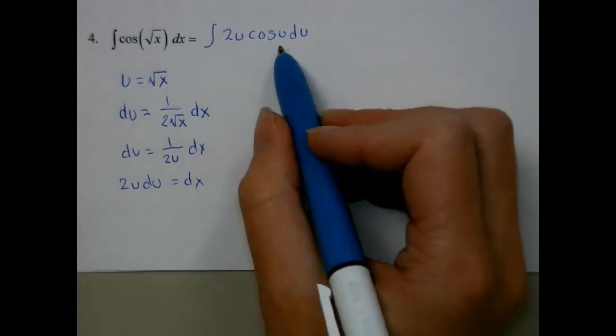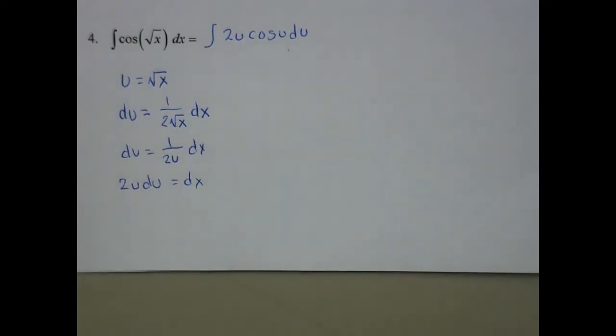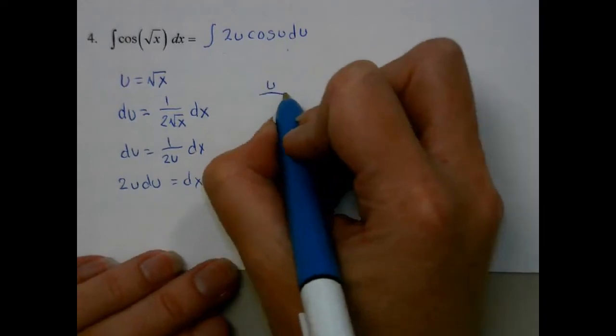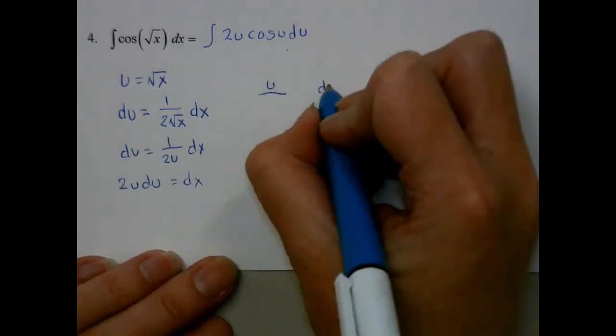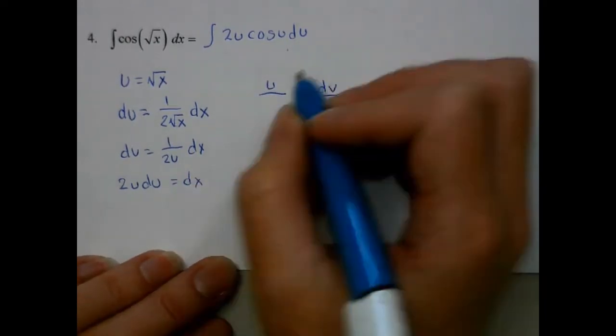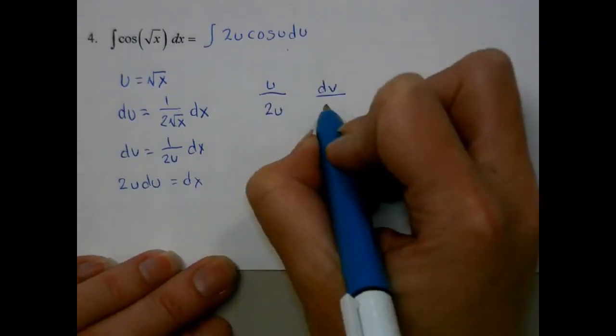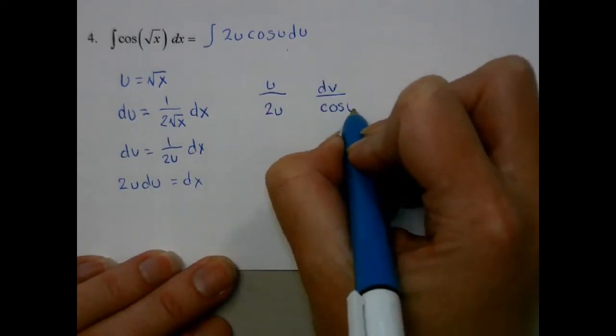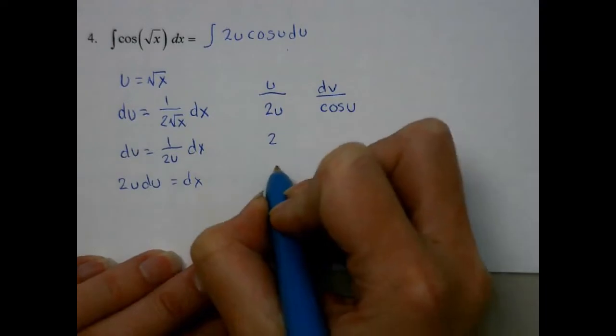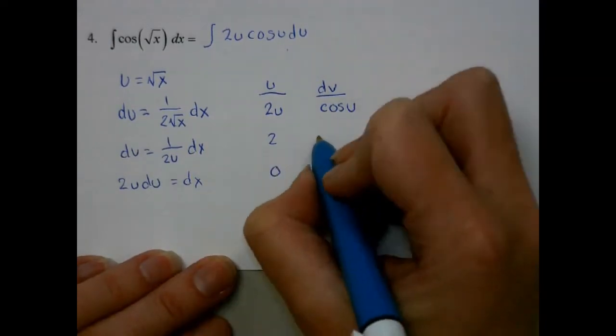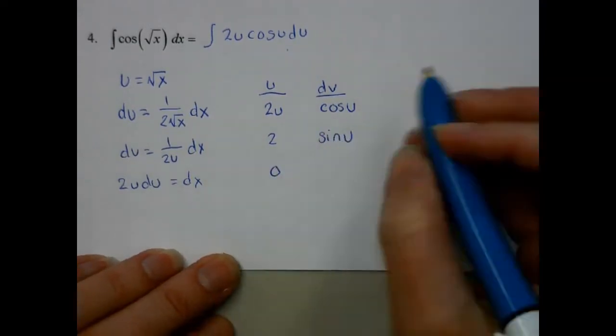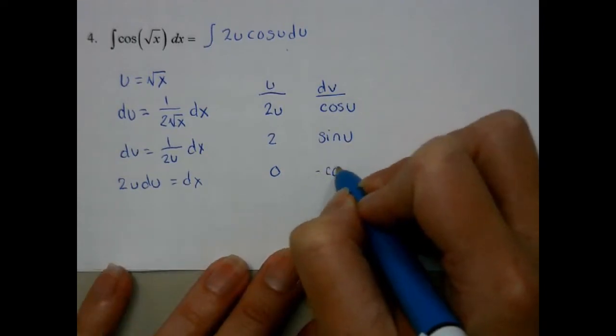This is now a product, so we're going to have to do integration by parts. So my u is going to be 2u, and my dv is cosine u. So this is 2 and 0. Integral of cosine is sine. Integral of sine is negative cosine.